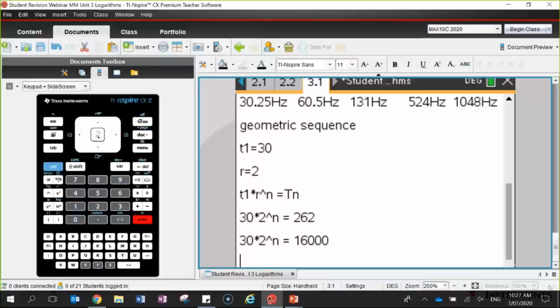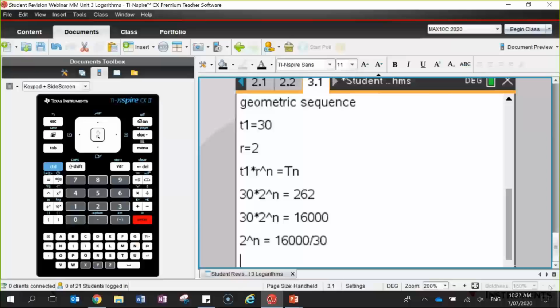And again, I would be handwriting this on my test paper, not typing it on the calculator screen. But I need to divide by 30, so I'm going to have 2 to the power of n equals 16,000 divided by 30. Now I've actually got something I can solve. And again, this is where my logarithms come in. So I'm going to go to a calculator page now.